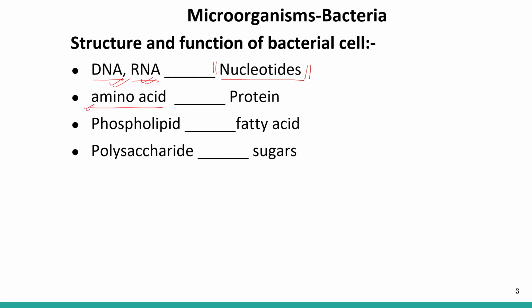Amino acids are the building blocks for protein. Okay. So this is again our macromolecules. Phospholipids form the fatty acids. Polysaccharides come under the sugars. So these are the structural components of the bacterial cell.